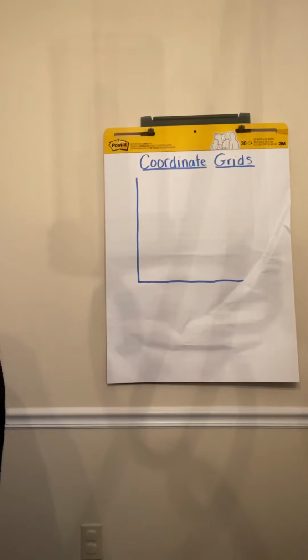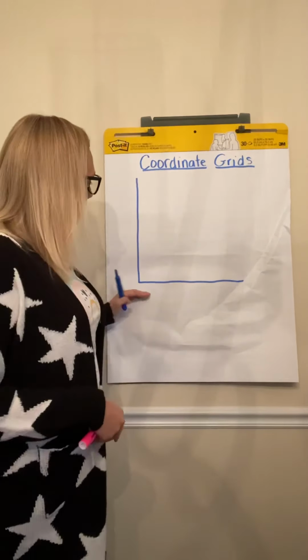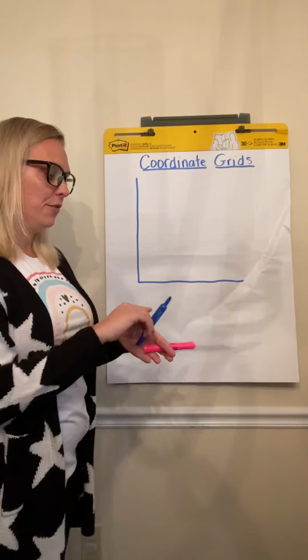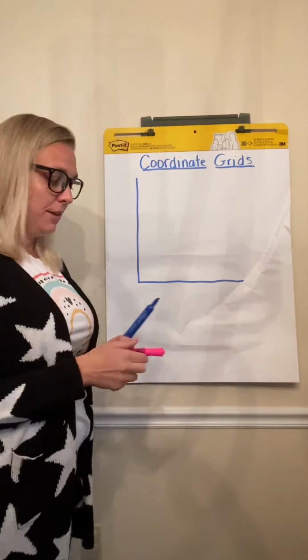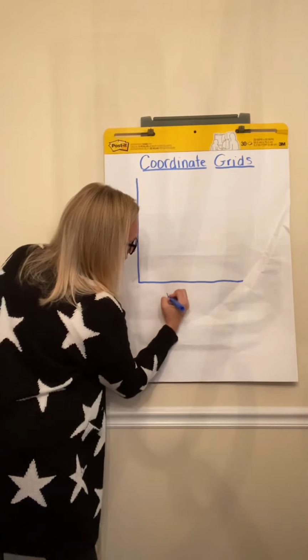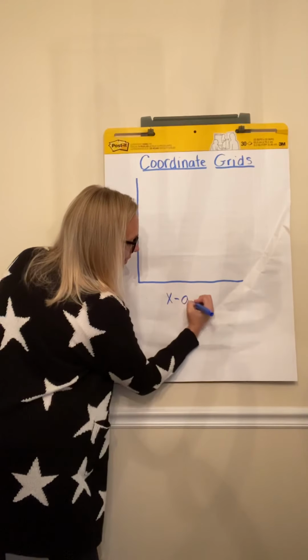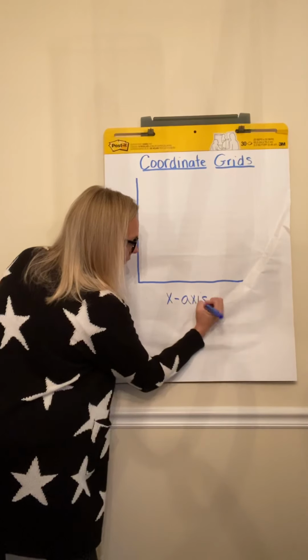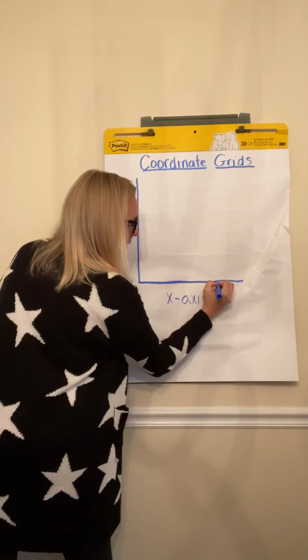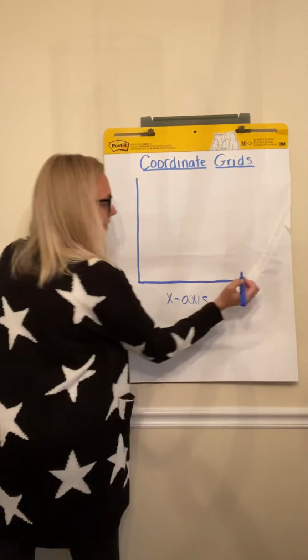I went ahead and drew out two lines. You'll notice that it's just like drawing a graph, okay? And just like with a graph, this part of the line is called the x-axis. So the line that runs horizontally is called the x-axis.